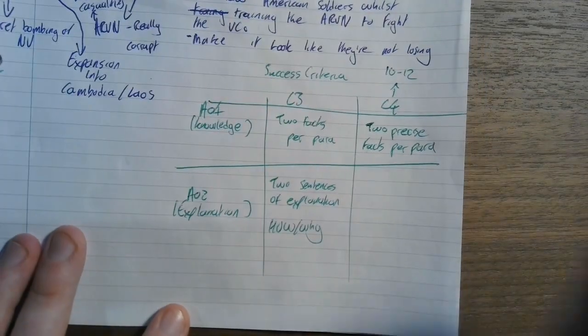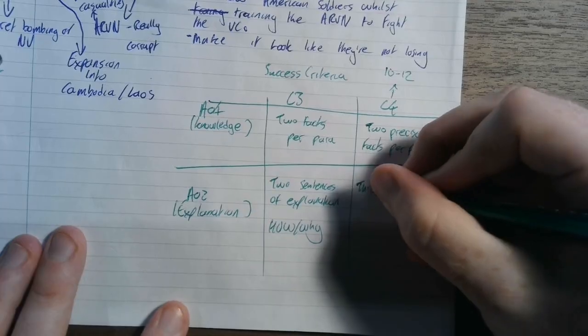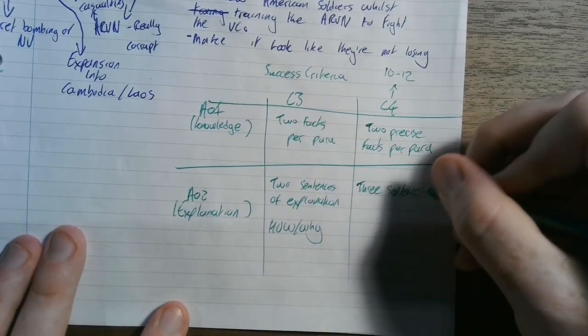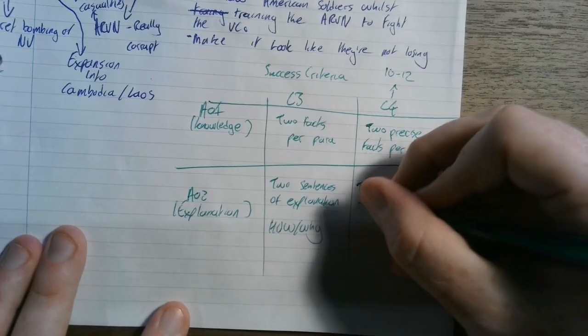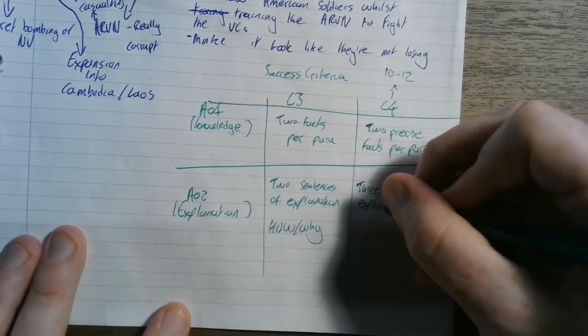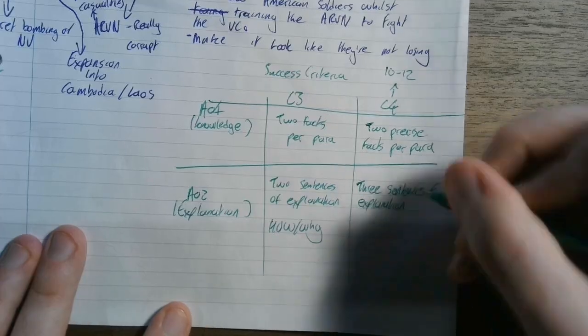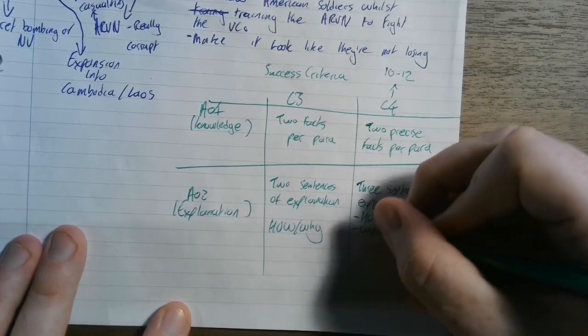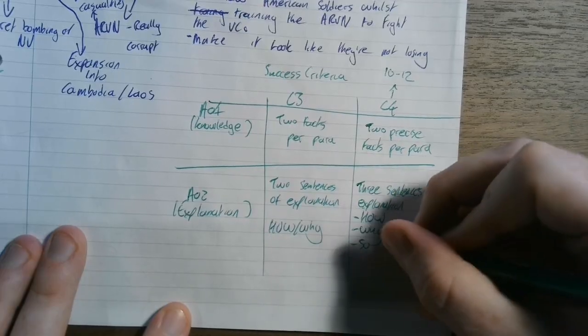For your level 4s, you need to have 3 sentences of explanation. And what that means is you must do how, why, so what.